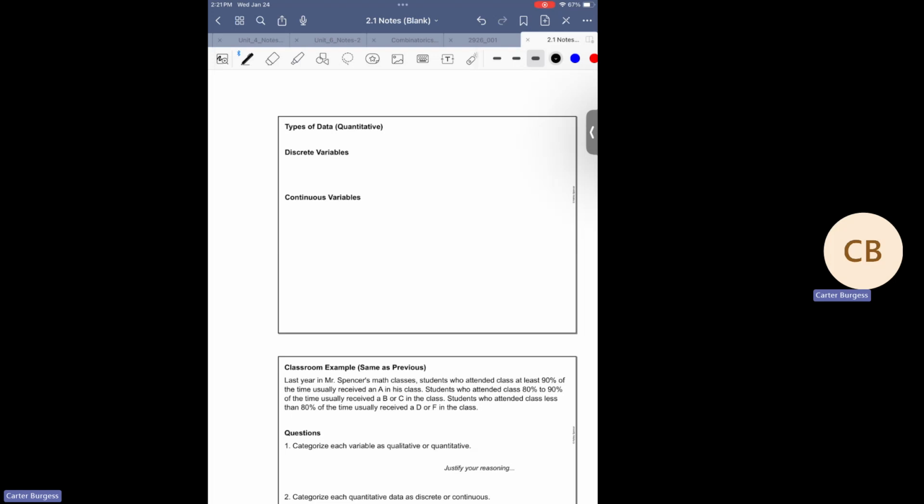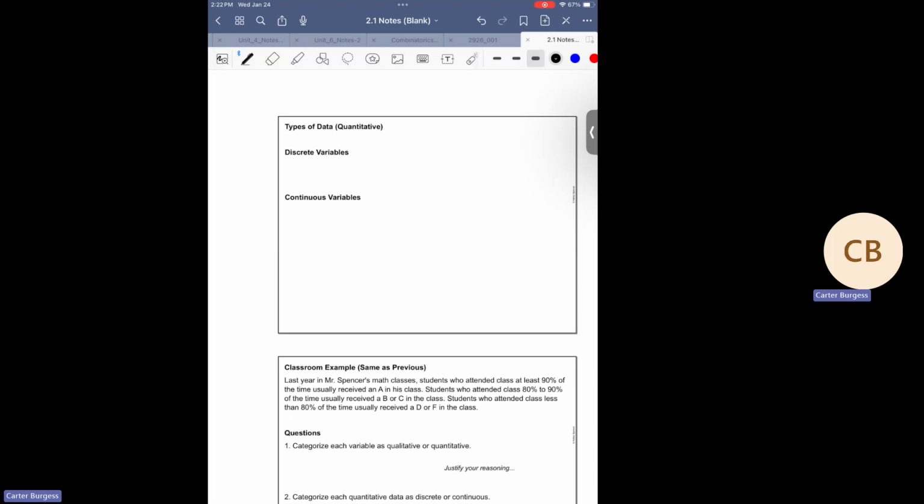For instance, we could count by halves, and that would still be discrete because we would never expect to get like 0.75. Or we could count by tenths, and that would be discrete because we would never expect to get 0.001. Or we could count by hundredths, and again, it would be discrete because there's a little bit of space in between. It's like walking up steps rather than climbing a hill.